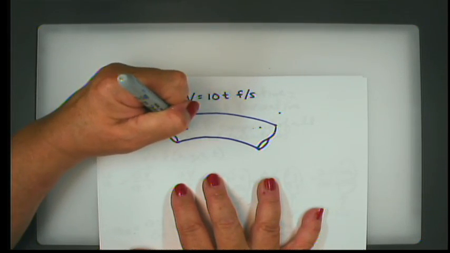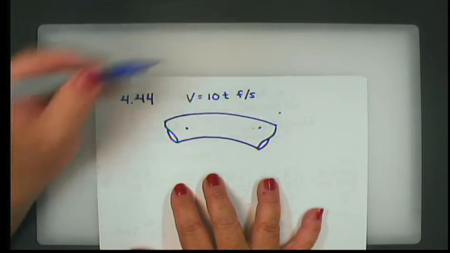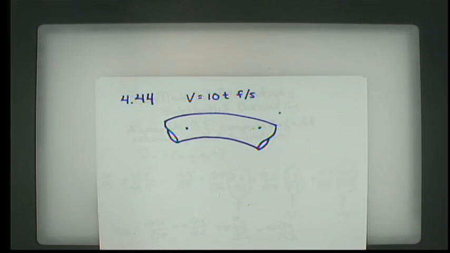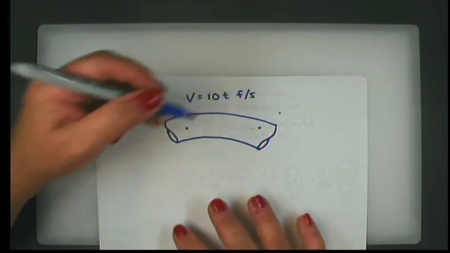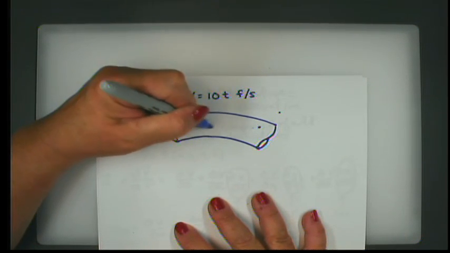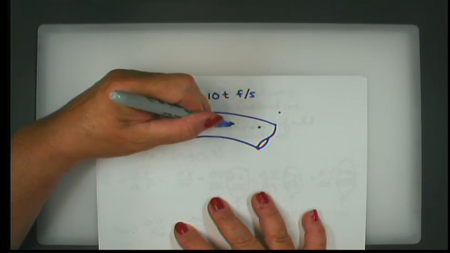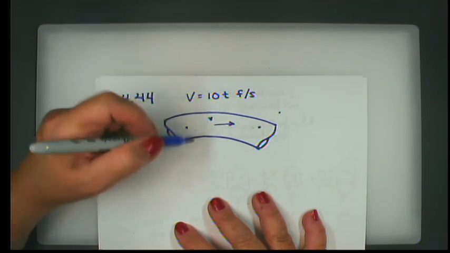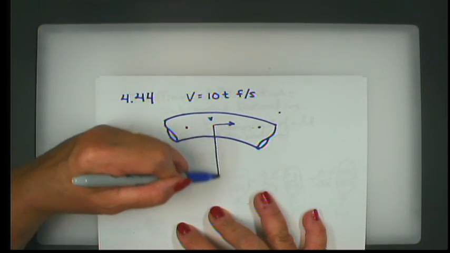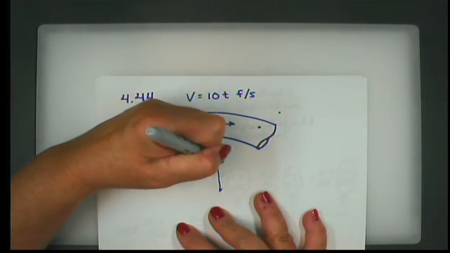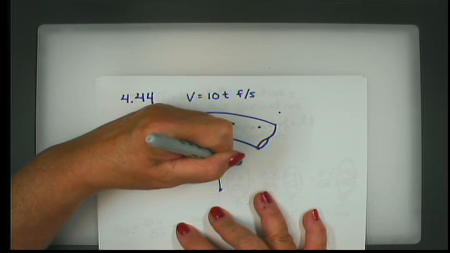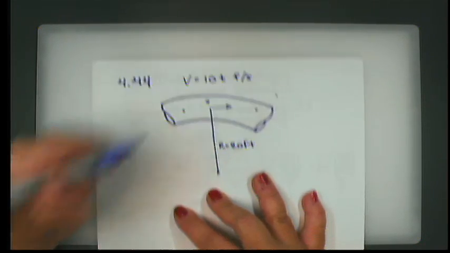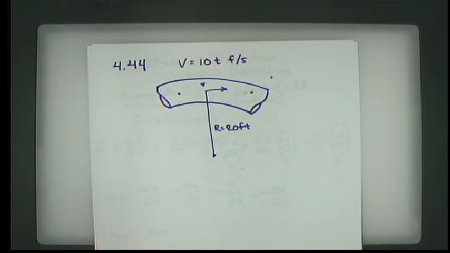And at t equals 2, the velocity here is going to be the same as the velocity here. However, as time increases, the velocity increases. So let's go ahead and draw our velocity vector. It also tells us that the radius of curvature is 20 feet. Okay, so there's our drawing for the problem.